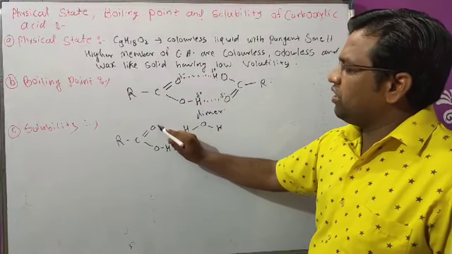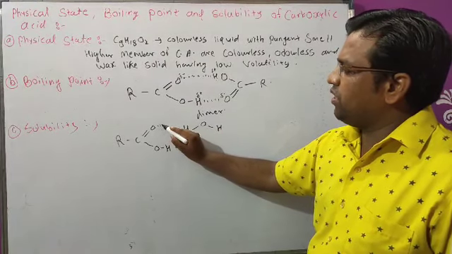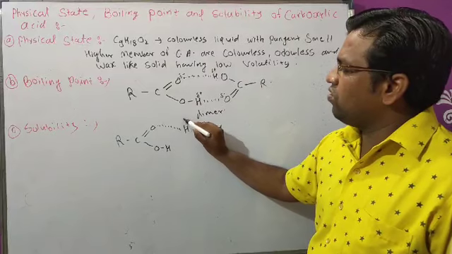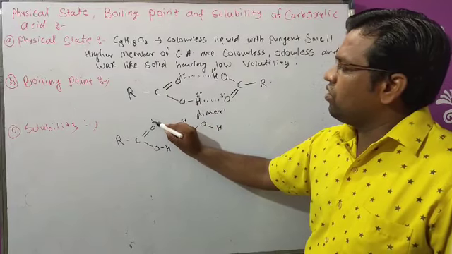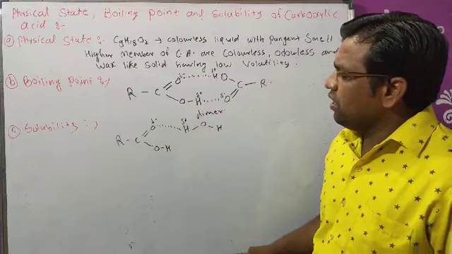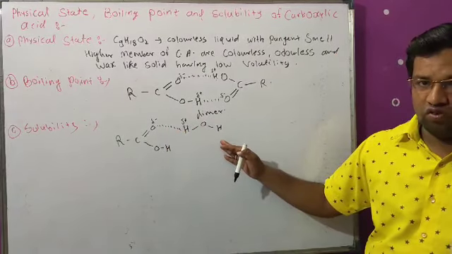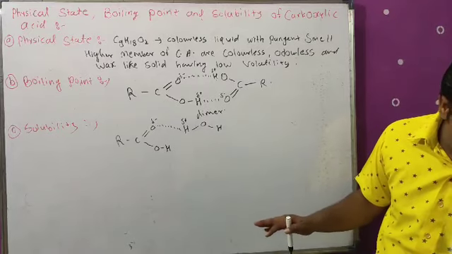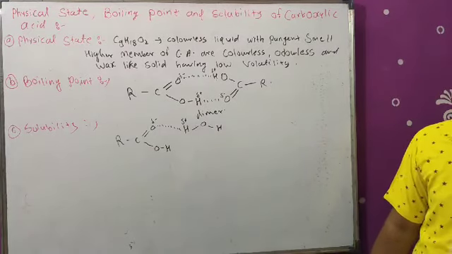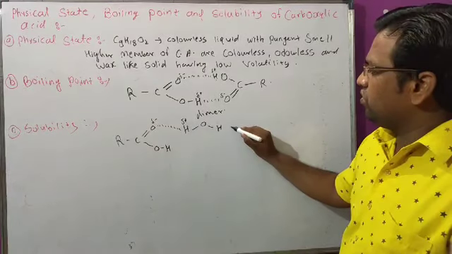Now this carbonyl oxygen atom makes the hydrogen bonding with the water molecules. Okay, and therefore this carboxylic acid is soluble in water, that is, lower carboxylic acids are soluble in water molecules.